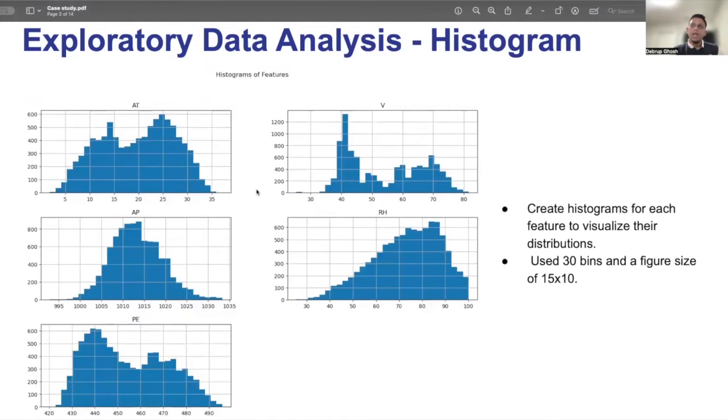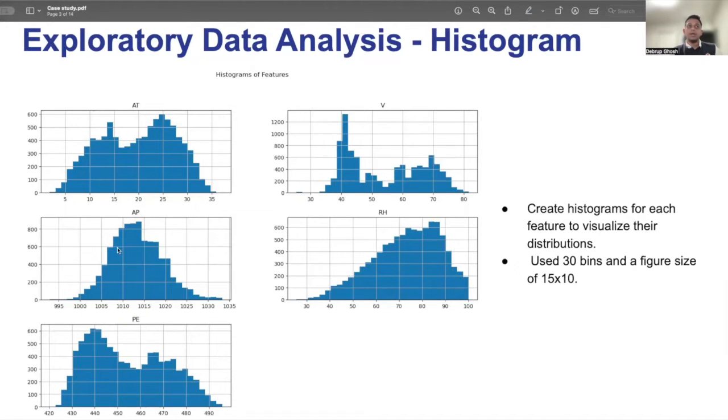Now, what I really like to do when I have some data is start off by looking at the macro picture. What is interesting over here, this variable, AT, has two peaks. It's very interesting what's happening over here. Same goes for vacuum: you see one peak in terms of the number of readings, and another peak over here.